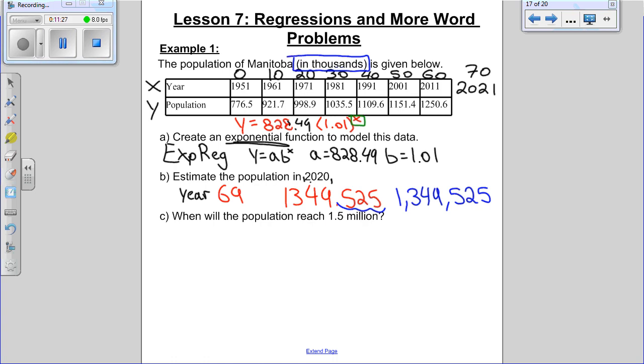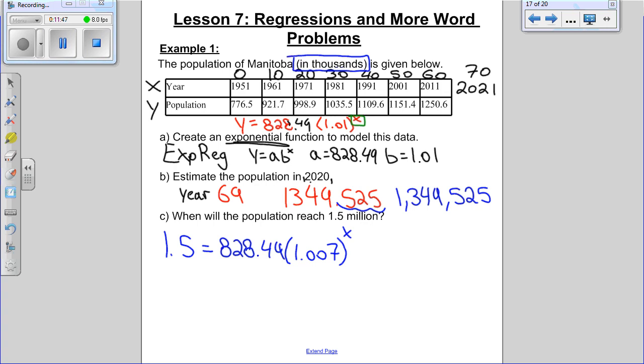Question C. When will the population reach 1.5 million? That's when you need to go 1.5 equals, and then that formula we did. And in your calculator, you shouldn't have it rounded. Leave it 007 this time. This one's Y1.